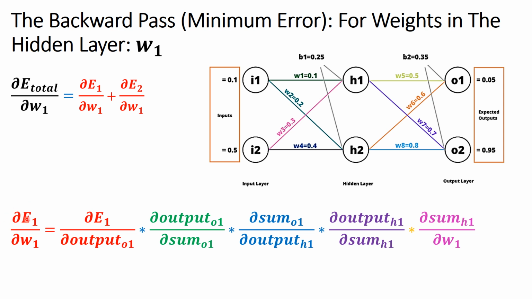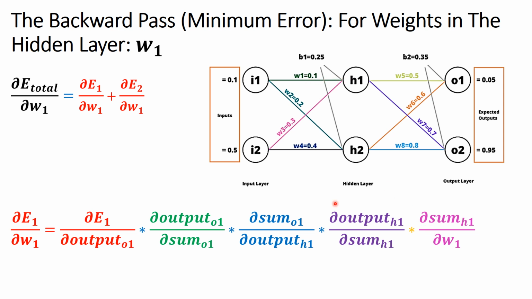The gradient of E1 with respect to W1 using the chain rule of calculus equals the gradient of E1 with respect to output O1 multiplied by the gradient of output O1 with respect to sum O1 multiplied by the gradient of sum O1 with respect to output H1 multiplied by the gradient of output H1 with respect to sum H1 and multiplied by the gradient of sum H1 with respect to W1.